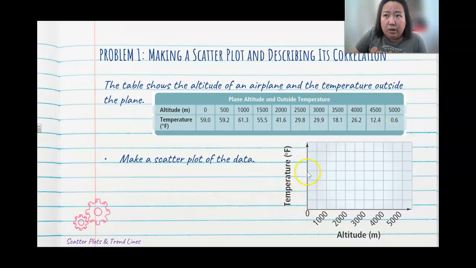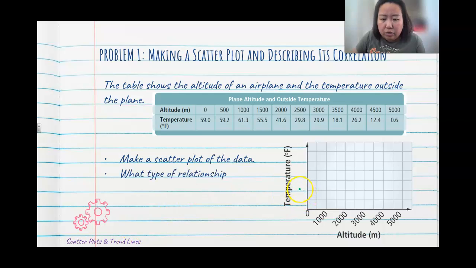For your y values, what you can think of is look at the lowest possible value, which is 0.6, and the highest possible value that you can see is 60. So you can have this by 10, all right? So let me just put in our labels here first.